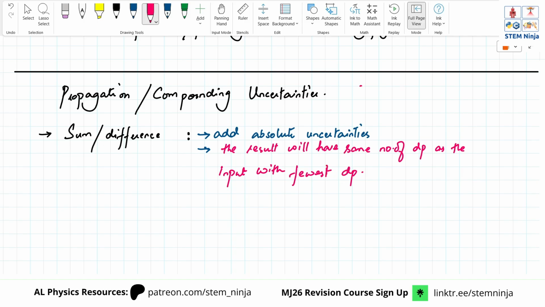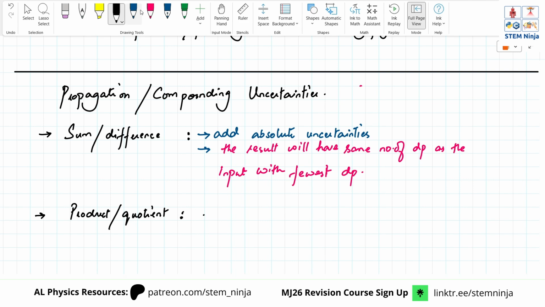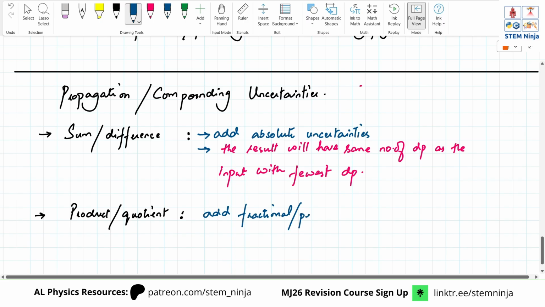And then you will have to adjust the absolute uncertainty also. Similarly, for product, quotient, you have to add fractional or percentage uncertainties.